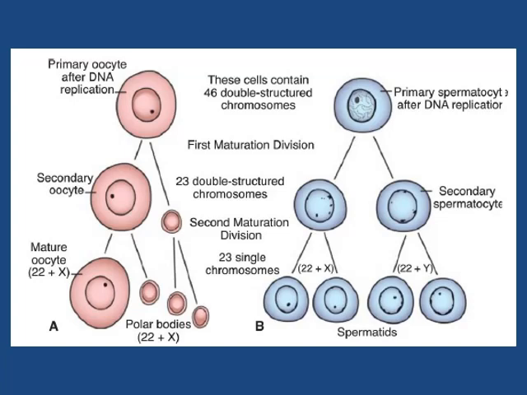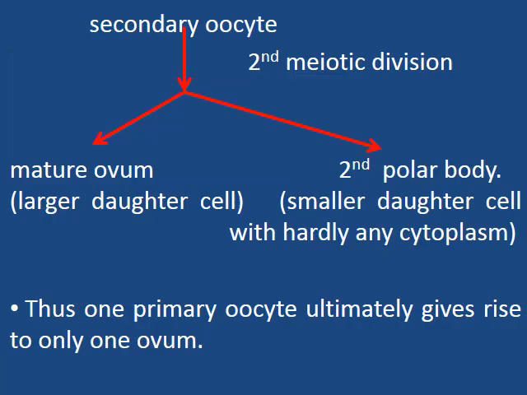The secondary oocyte then undergoes second meiotic division and forms mature ovum and the second polar body. Thus, one primary oocyte ultimately gives rise to only one ovum. Thank you.